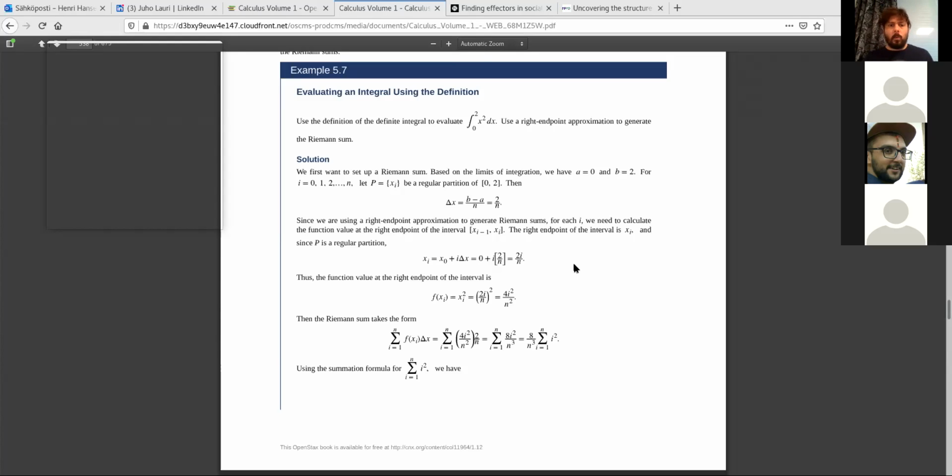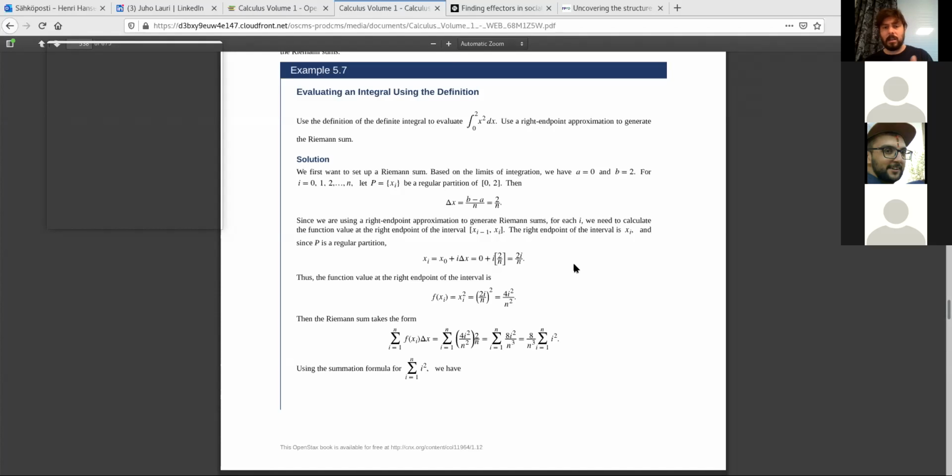So we can calculate the function at the right endpoint of that interval, f of xi. And remember, we argued that it doesn't actually matter which point we use from the interval, because the number of intervals goes to infinity and the difference between the endpoints goes to 0, so it doesn't really matter which we are using. It's usually easiest to calculate with the right-hand side endpoint.